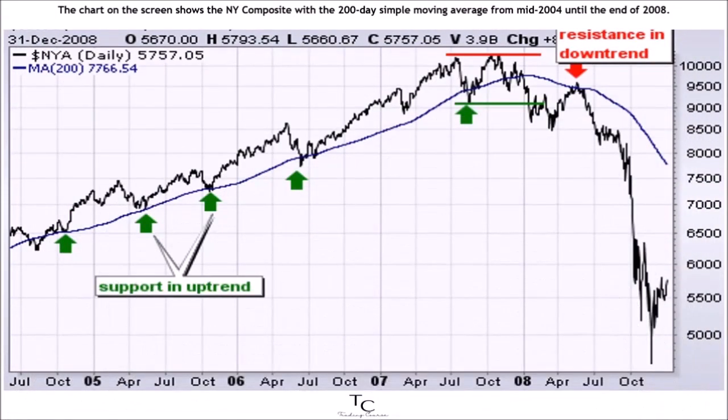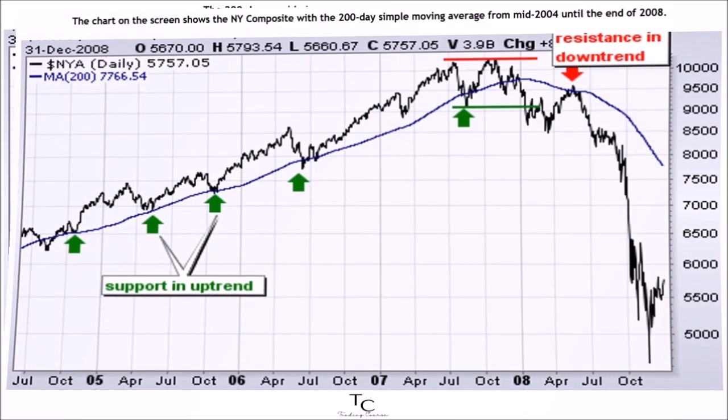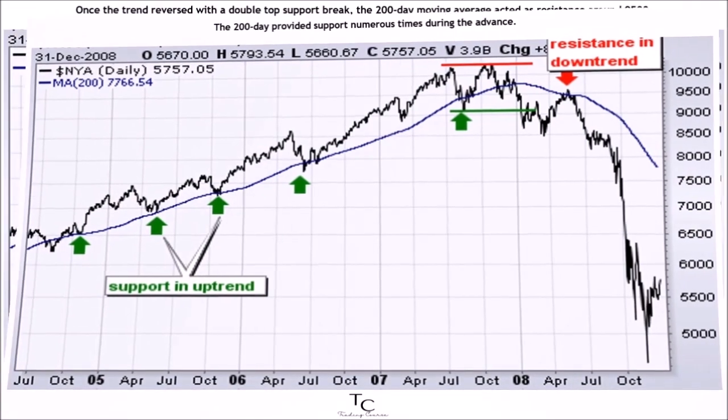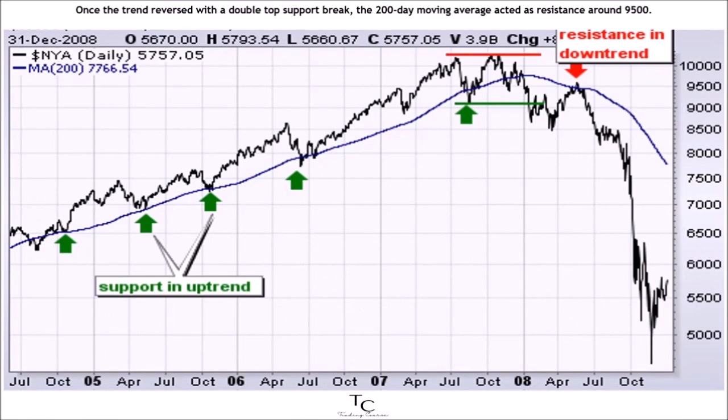The chart on the screen shows the NY Composite with the 200-day simple moving average from mid-2004 until the end of 2008. The 200-day provided support numerous times during the advance. Once the trend reversed with a double top support break, the 200-day moving average acted as resistance around 9,500.